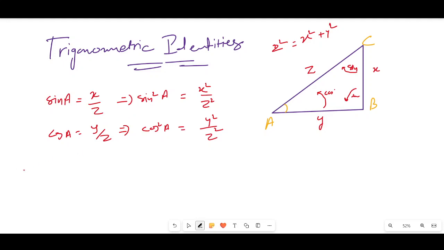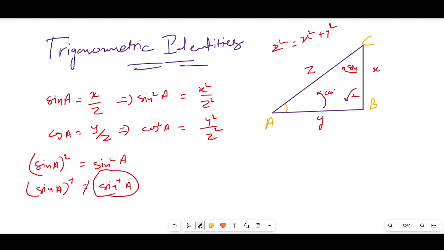If you write sine A whole square, then it will be sine square A. But if you write sine A power minus 1, it will never be equal to sine power minus 1, because it is an inverse.